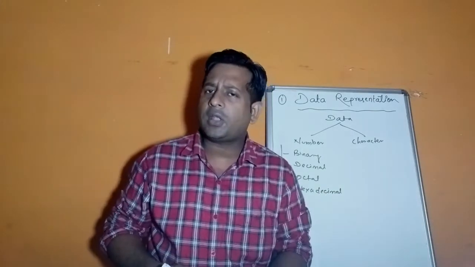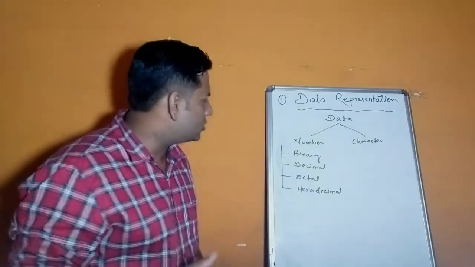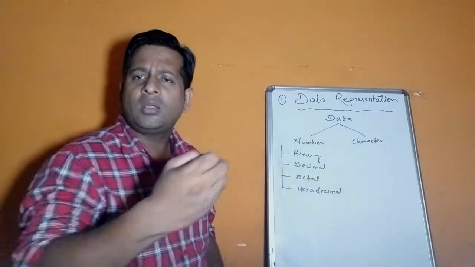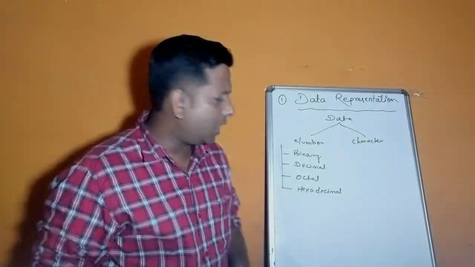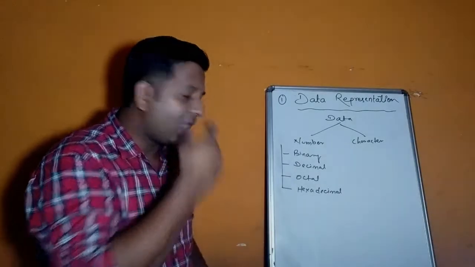These are four different methods by which numbers were represented to a technology, to a computer.